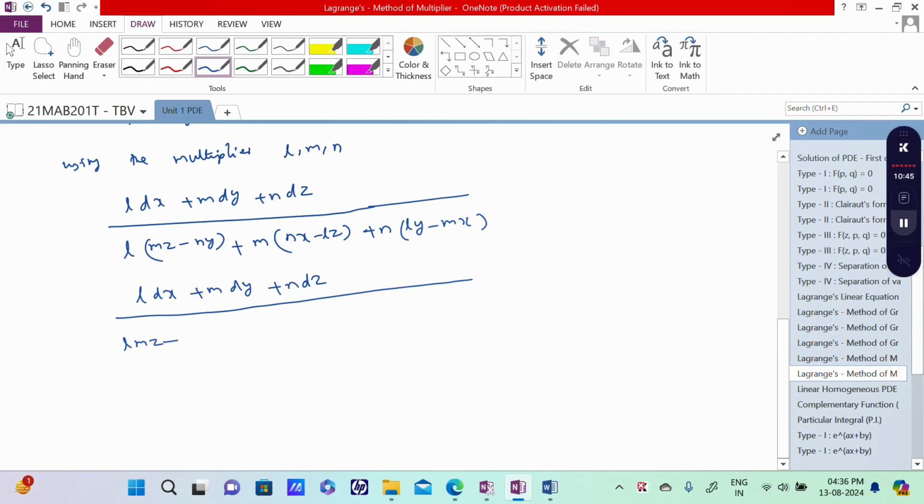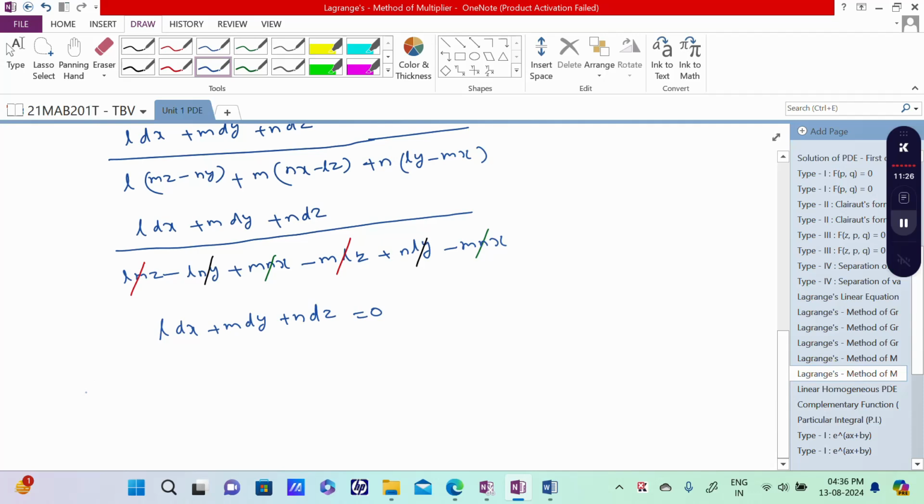Expanding: lmz minus lny plus mnx minus mlz plus nly minus mnx. To check this, lmz and mlz cancel, then lny and nly cancel, and then mnx terms cancel. Therefore l dx plus m dy plus n dz equal to 0.